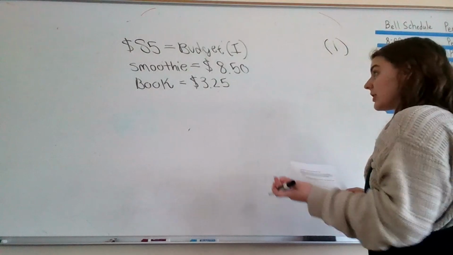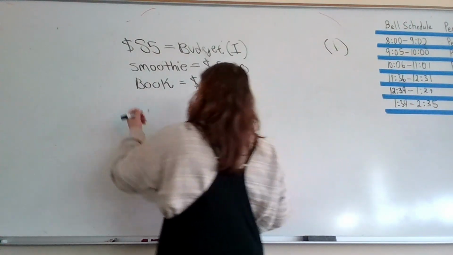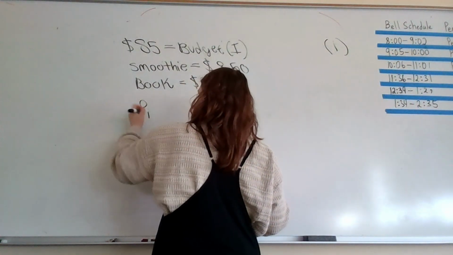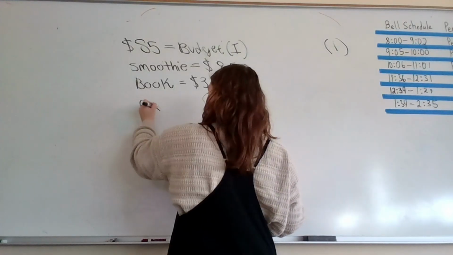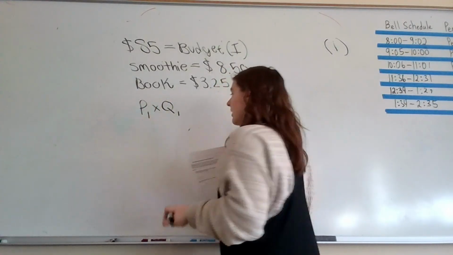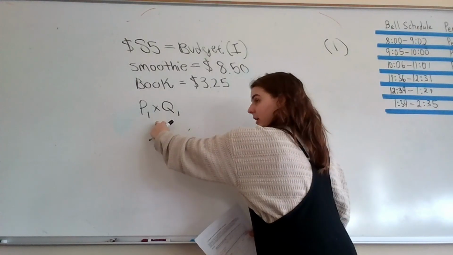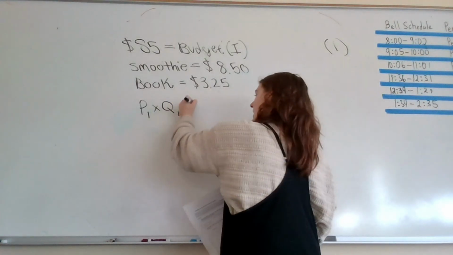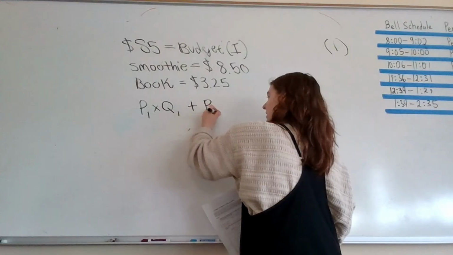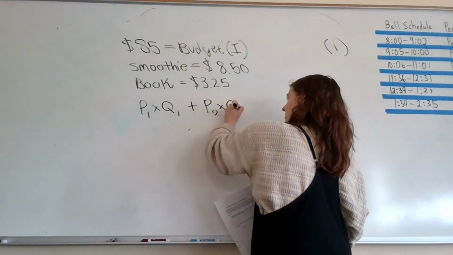So remember, a budget constraint looks a little bit like this. It is the price of the first good times the quantity of that first good, so that's the total amount you're spending on this first good, plus the price of your second good times the quantity of your second good.